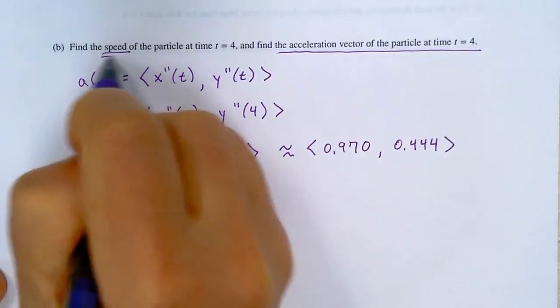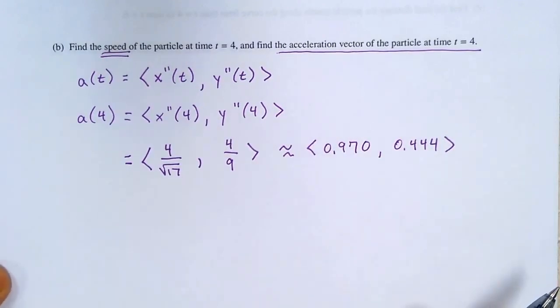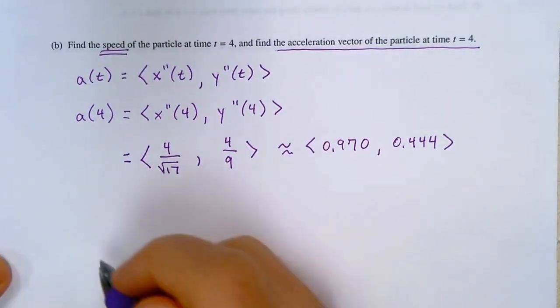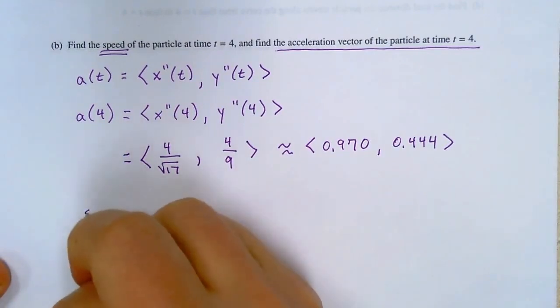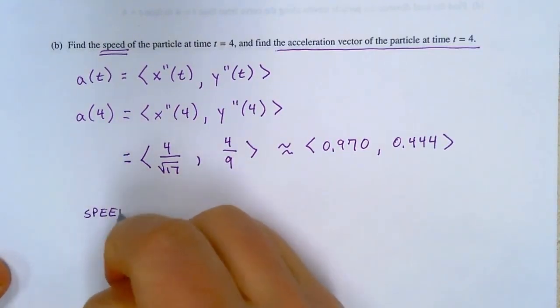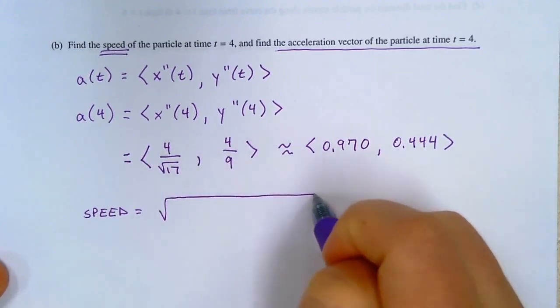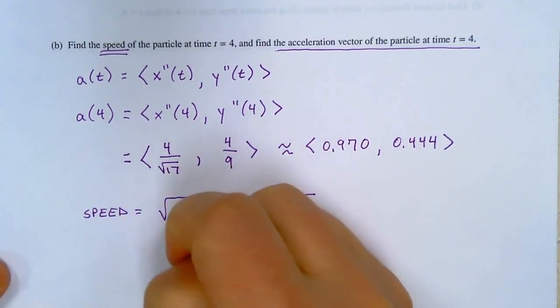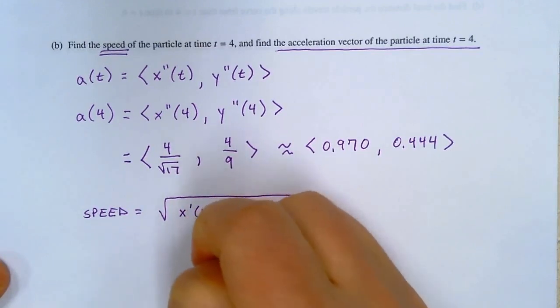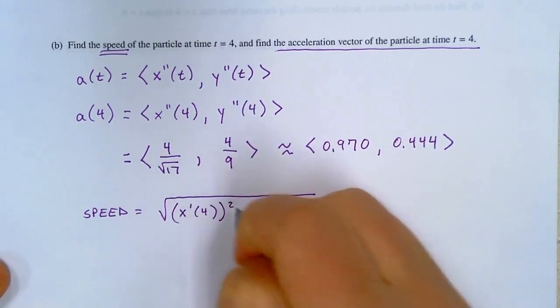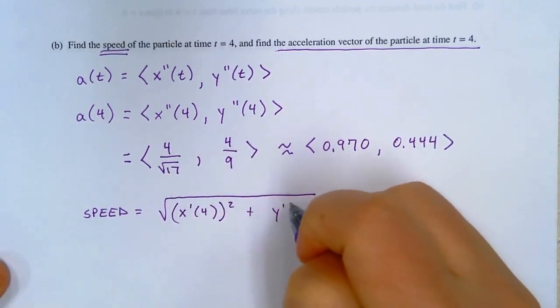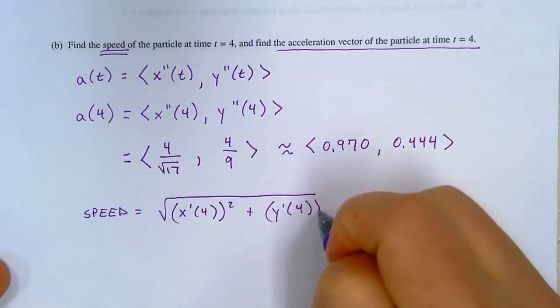So that's the second part of the question. The first part of the question was asking find the speed at time 4, which I skipped over accidentally. We know that speed is computed as the magnitude of the velocity vector. So the square root of x prime of 4 squared plus y prime of 4 squared.